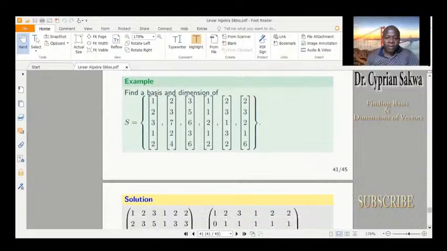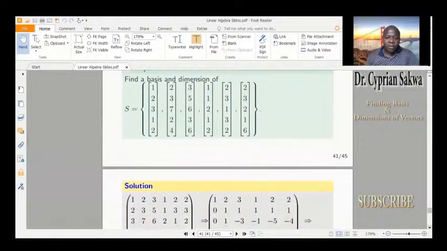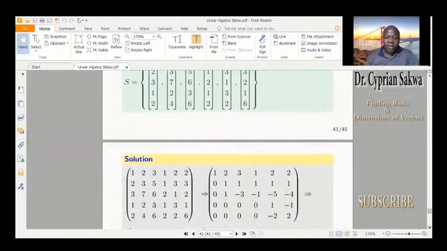So I want a basis. So I would still arrange these elements the way they are in column form. The first element as the first column, the second element, second column, the third element, third column, the fourth element, fourth column, the fifth element, fifth column, and then the sixth vector here to be the sixth column.